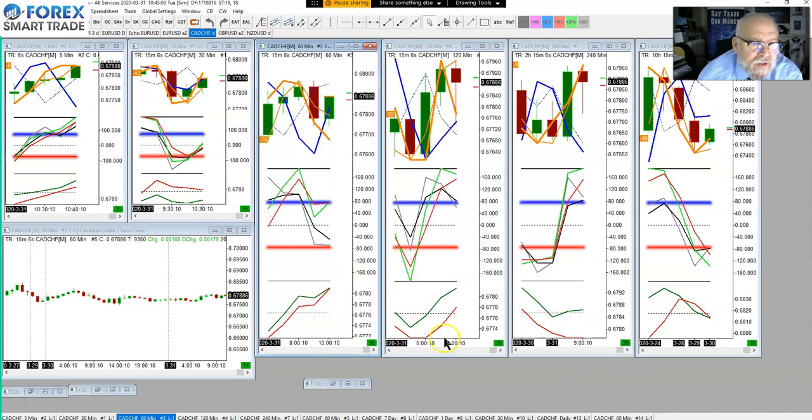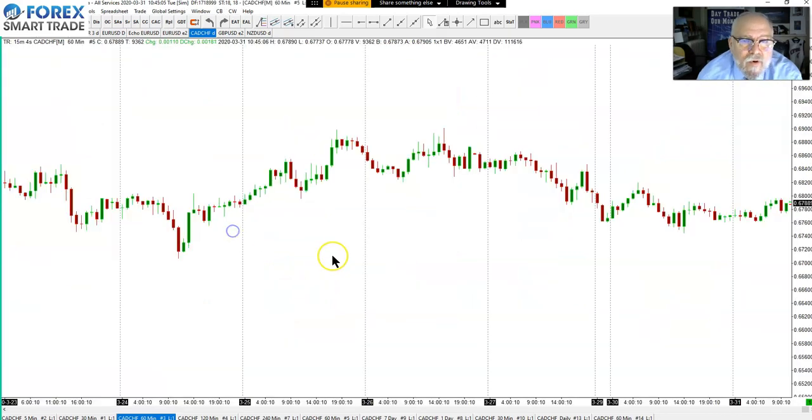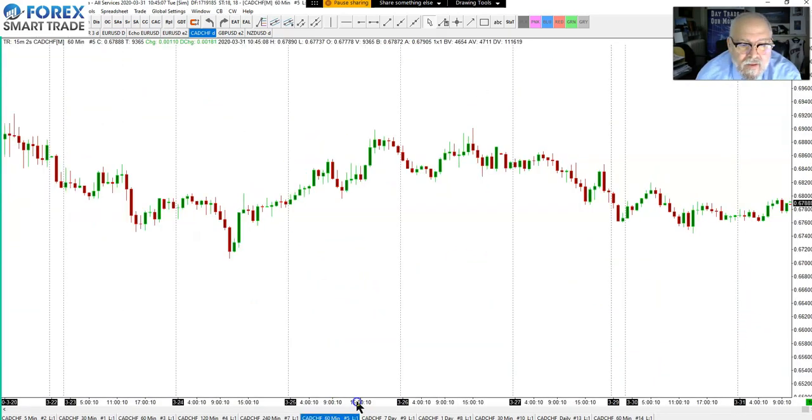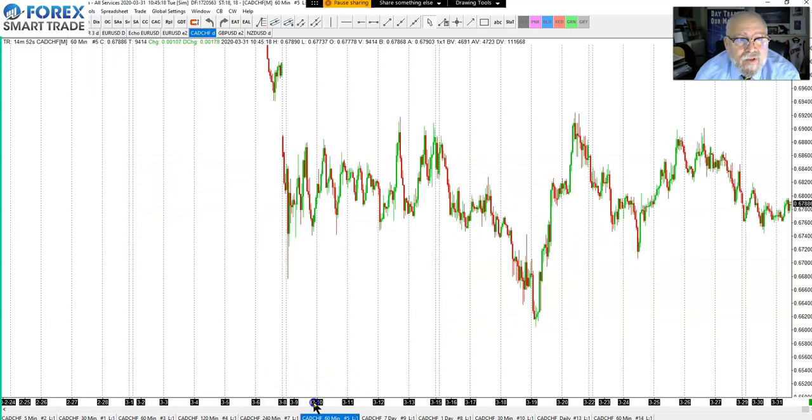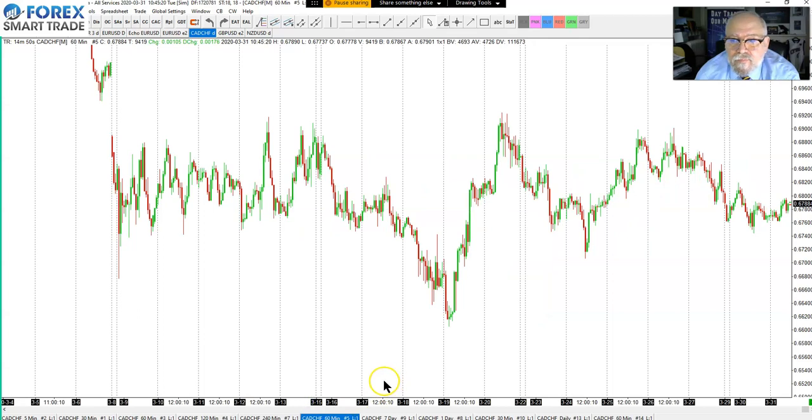So the first thing I want to take a look at is my support and resistance. I have one of my charts that is just the candles. So to get the support and resistance, I am going to scrunch it up.